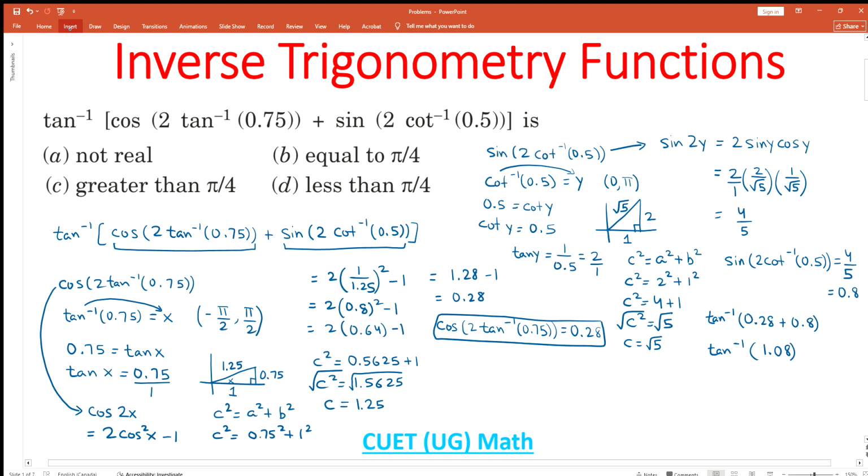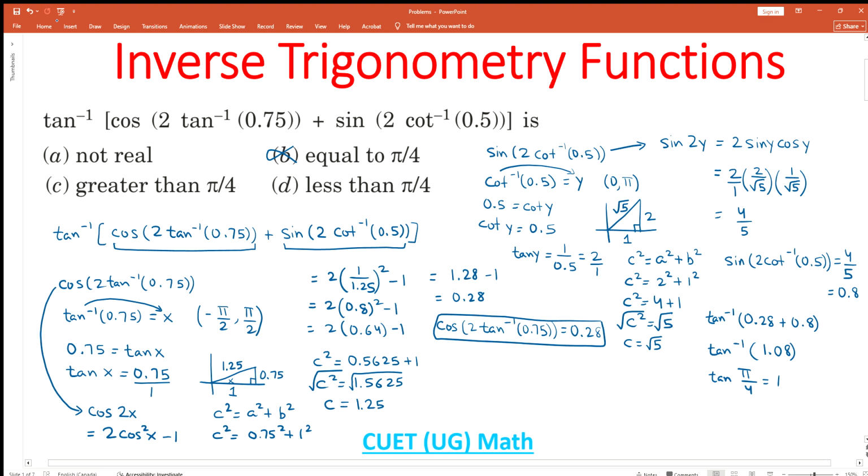As you may know, tan of pi over 4 is equal to 1. Therefore, the answer cannot be option B. Also, as you may know, tangent function is an increasing function from 0 to pi over 2. That means for an angle greater than pi over 4, the value of tan of that angle will be greater than 1.